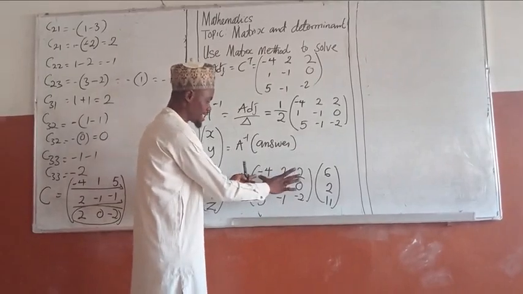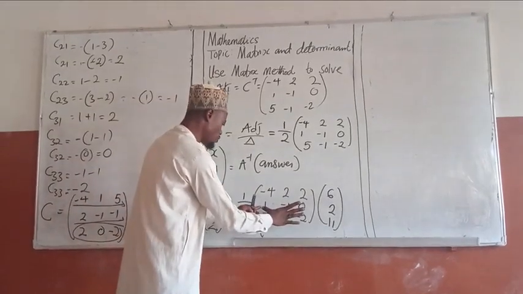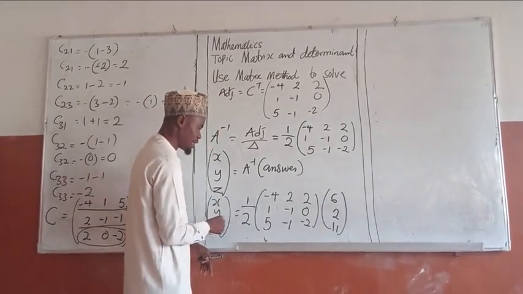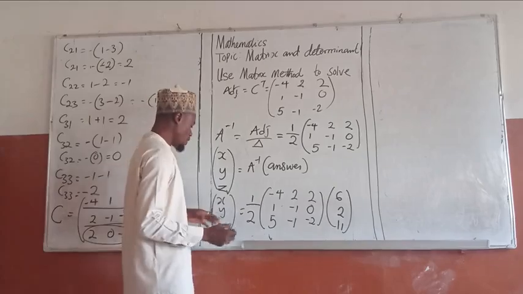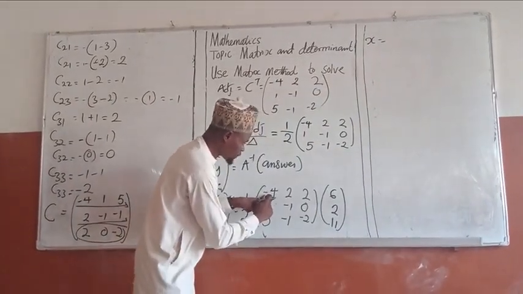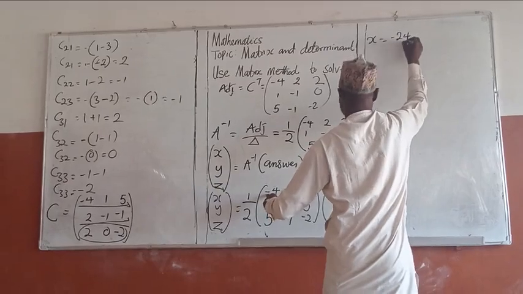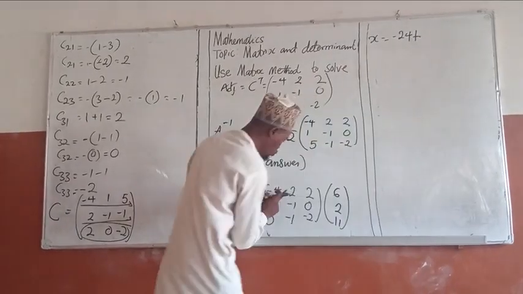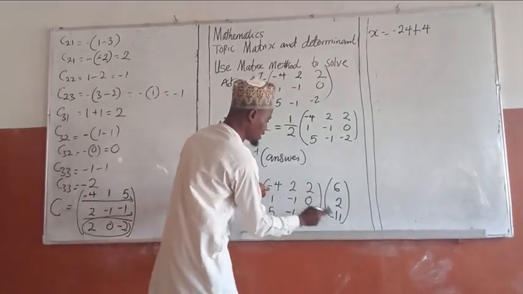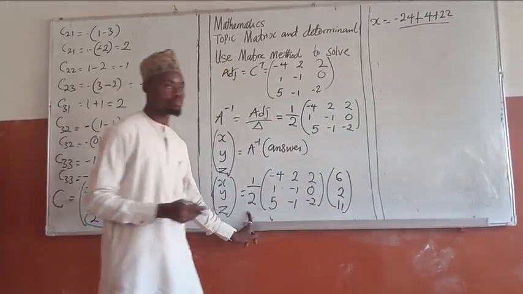If I multiply the X row by this answer, we are going to have X. If I multiply the Y row by the answer, we are going to have Y. If I multiply the Z row by the answer, we are going to have Z. What I mean is this: X is equal to -4 times 6, that is -24, plus 2 times 2, 4, plus 2 times 11, 22, all over 2.